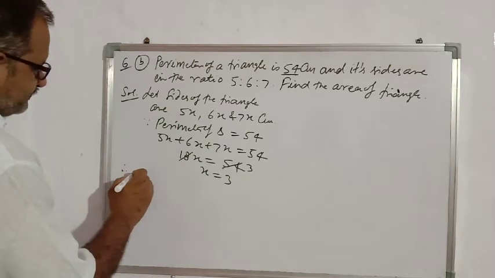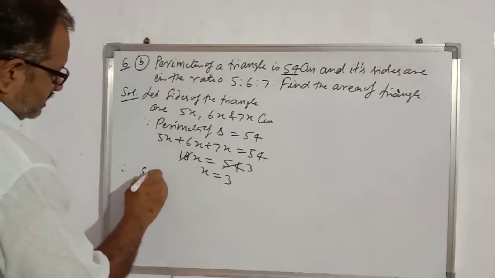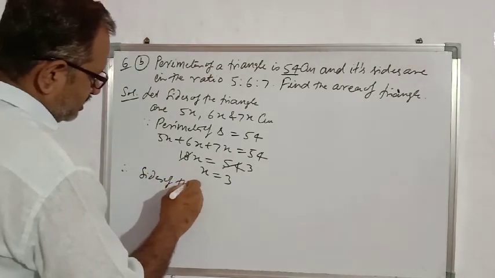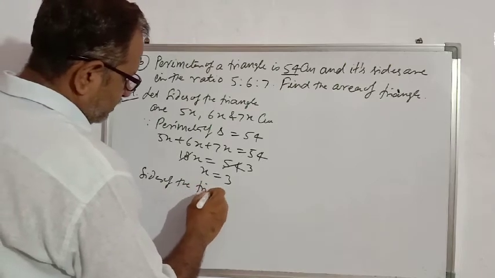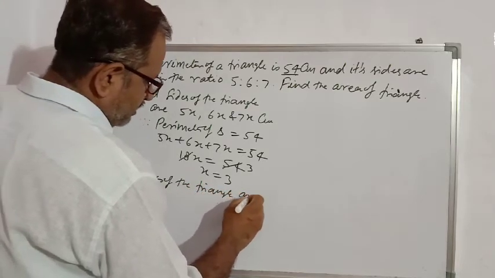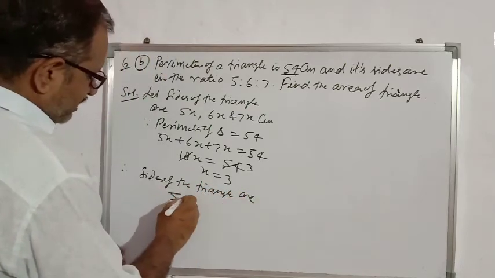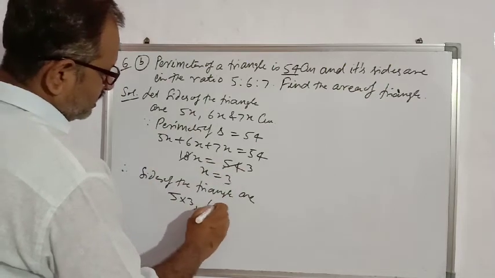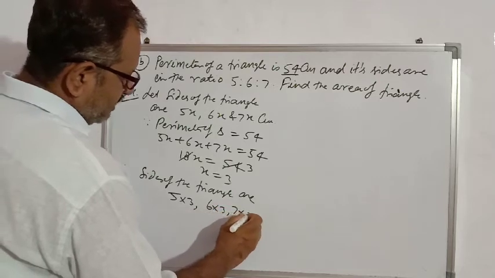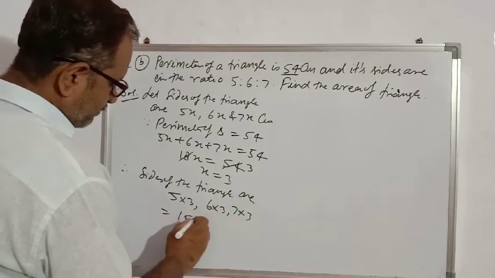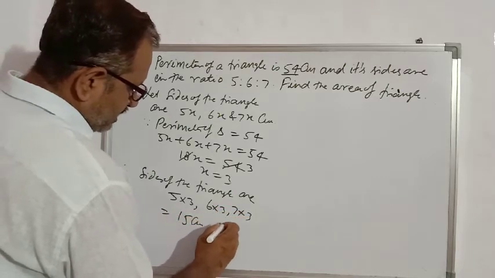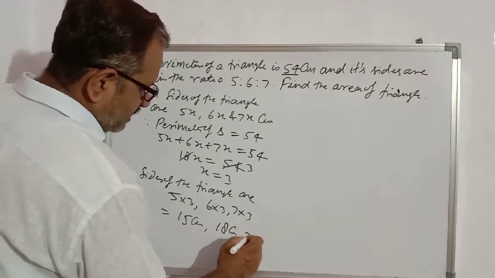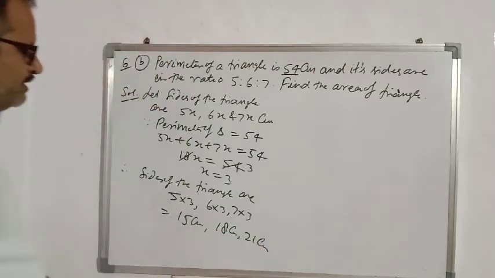So therefore, sides of the triangle are 5 into 3, 6 into 3, 7 into 3, which means 15 centimeter, 18 centimeter, 21 centimeter.